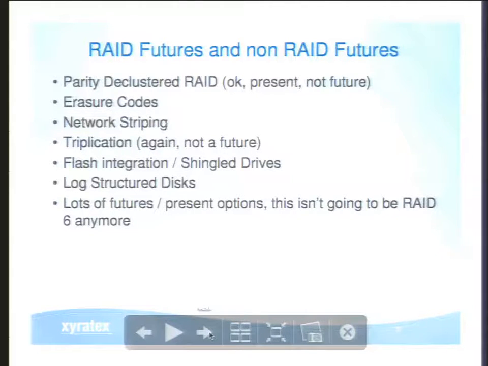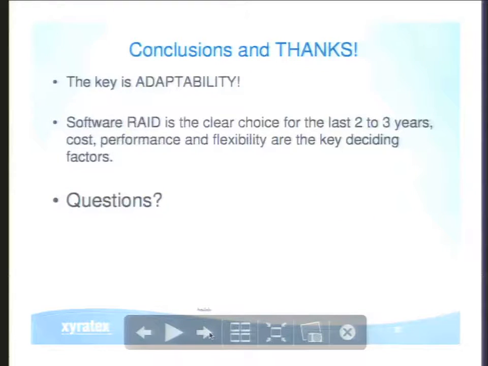That also implies log structured disks, because one of the things that you can get with triplication is you write the flash in a log structure, and then once you get a few megabytes of data, you copy it to your shingled drive. So these things are all going to be coming down the pike. Some of them are here now. PD RAID and erasure codes are here now. Triplication's been around for a while. Shingled drives are coming. All of these features mean that software RAID will have to be more adaptable. Well, RAID in general will have to be more adaptable. Software RAID can adapt faster, in my opinion.